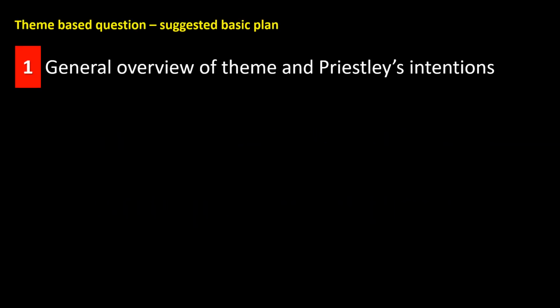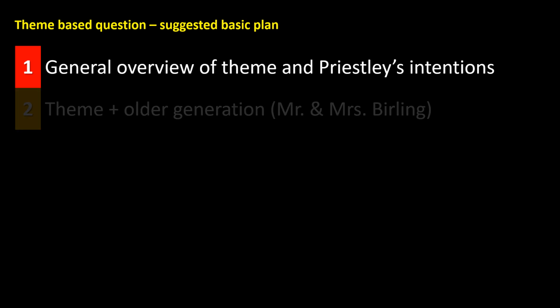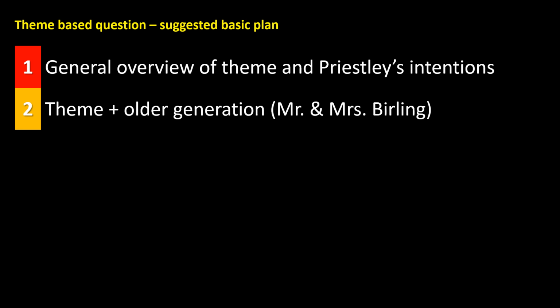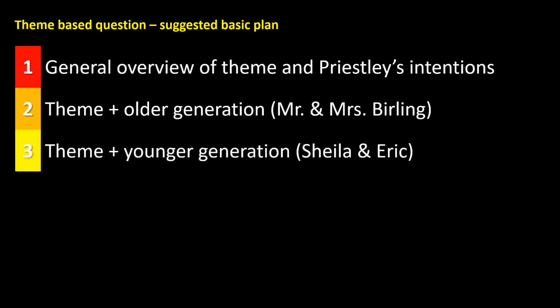For the theme-based questions, it's a little more complicated, but here's a hopefully straightforward plan. Begin with an overview of the theme and briefly explain what Priestley wants the audience to think about the theme. Move on to how the older generation, i.e. Mr. and Mrs. Birling, link to the theme. Repeat for the younger generation, Sheila and Eric.